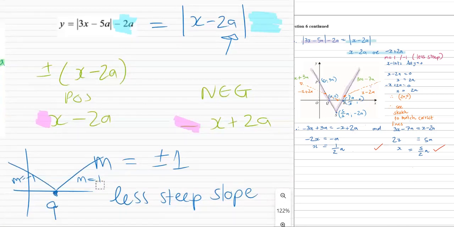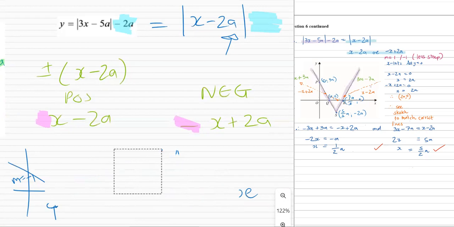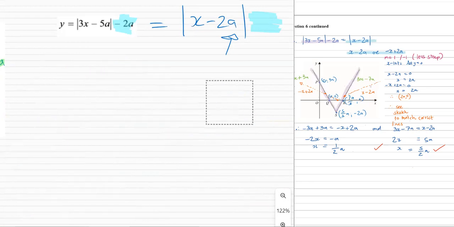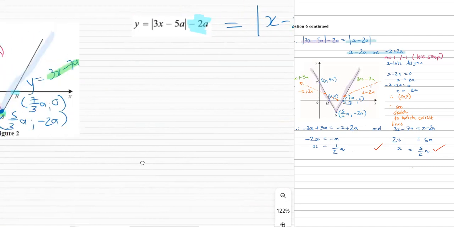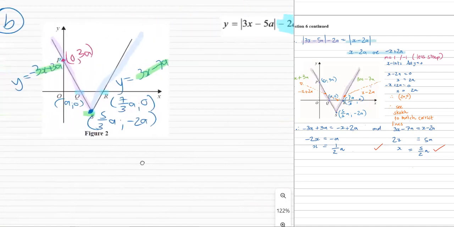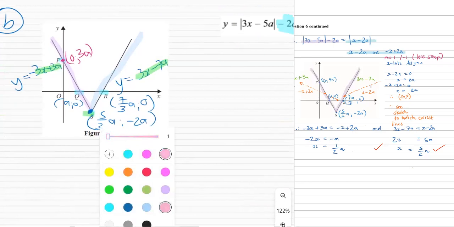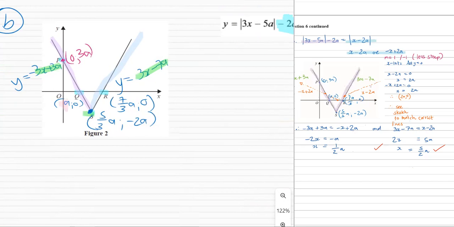So before I sketch it in alongside the other ones, I first want to show you what happens with that 2a. Well, let's see. I'm looking at the Q and R, and I see that this one is A, and this is 7/3a.